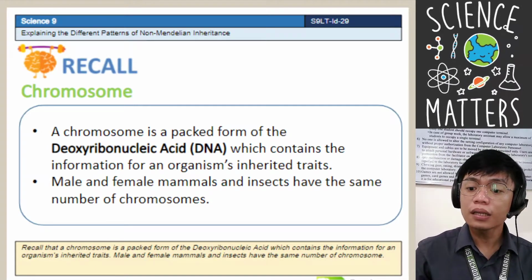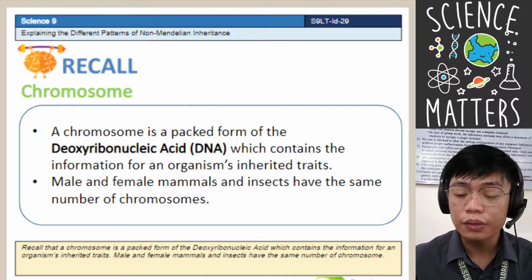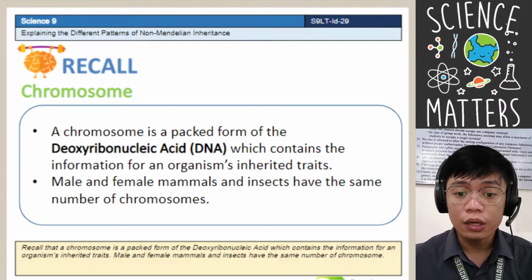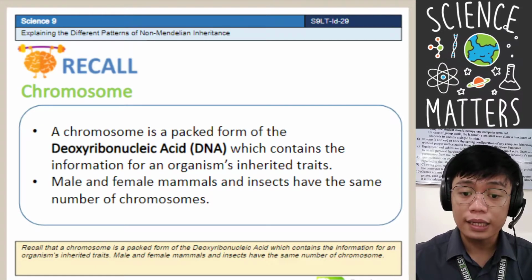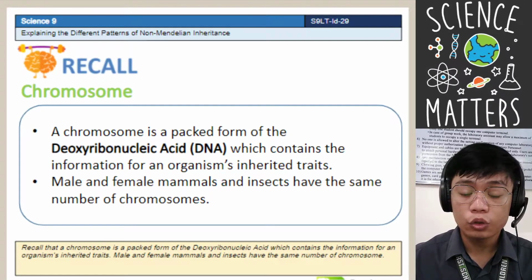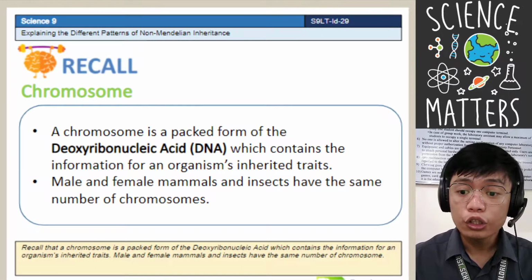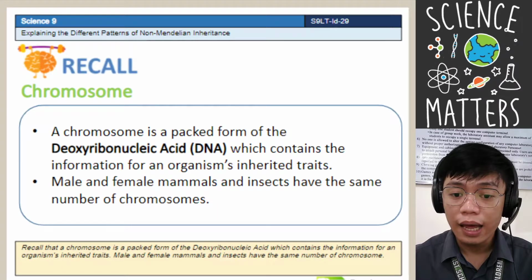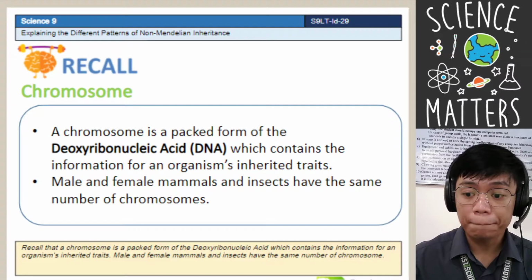Now, male and female mammals and insects have the same number of chromosomes. Just like humans, the total number of chromosomes is 46. To complete that, there should be 23 chromosomes from the female and 23 chromosomes from the male parent.